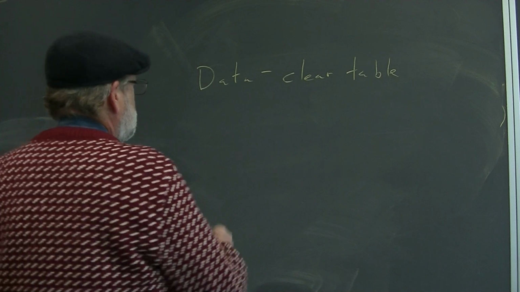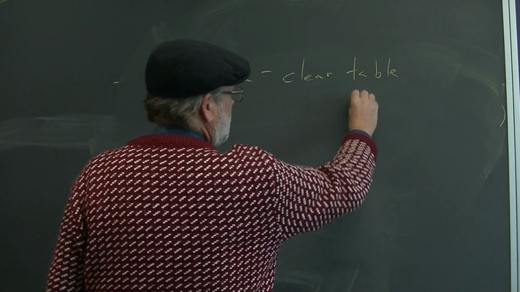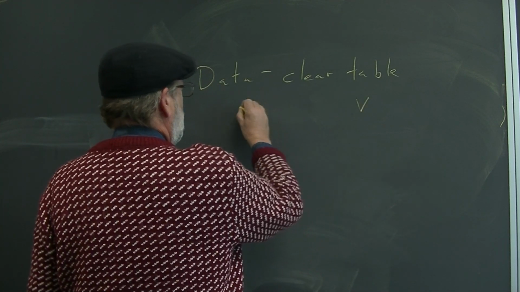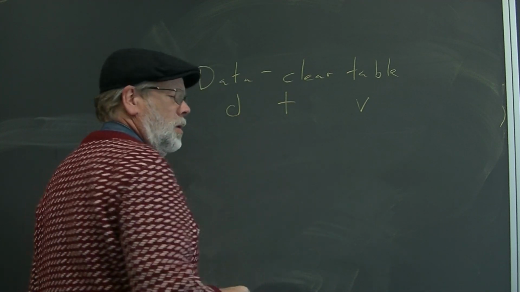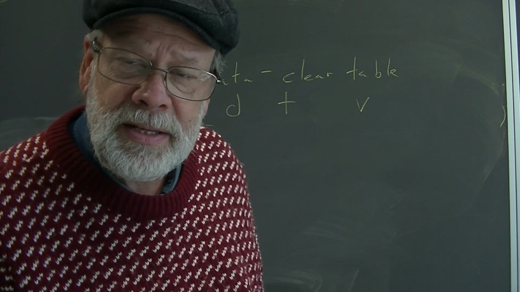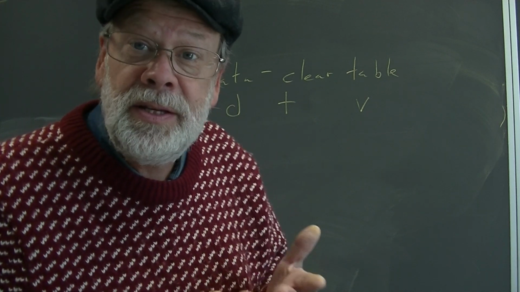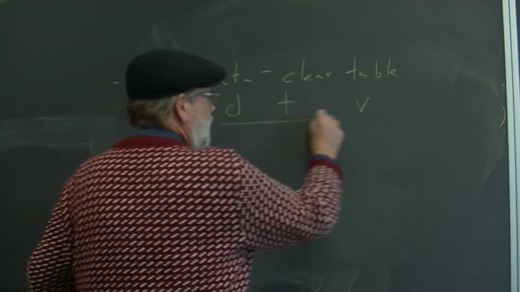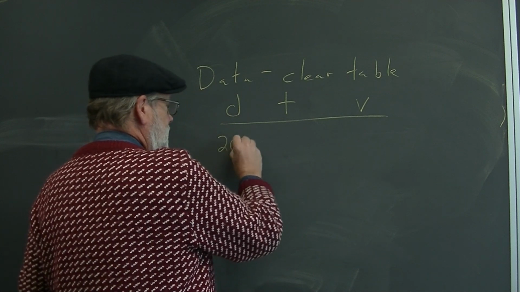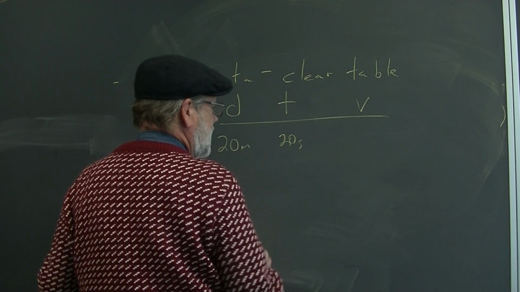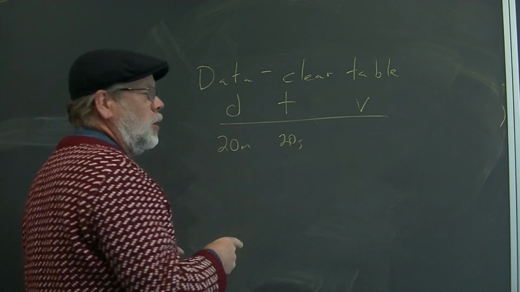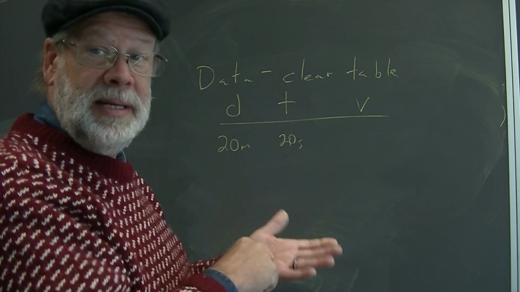For example, if we were trying to calculate velocity, distance, time, should they go in this order? How do you do a velocity calculation? Velocity is distance over time. So if I put them in this order, and the distance was 20 meters, the time was 20 seconds, well, how do I do the calculation? Distance over time.